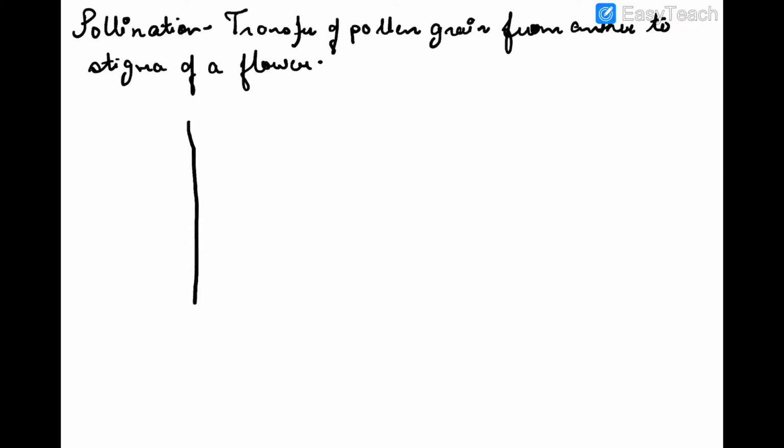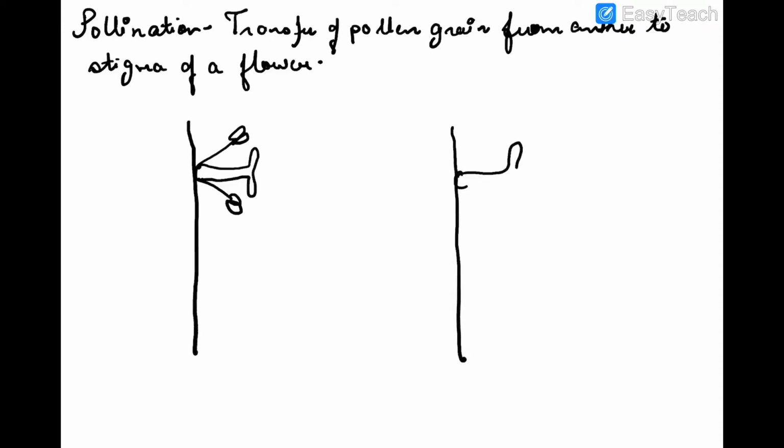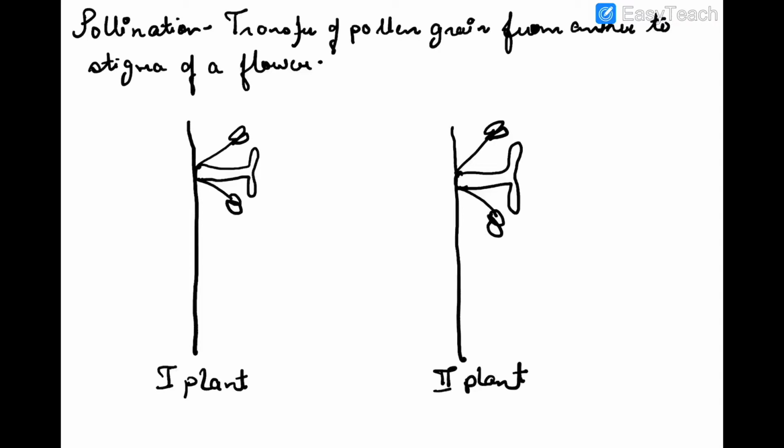Now imagine this is one plant and it has this flower, and this is the other plant and it has this flower. These yellow color are the pollen grains which are present in the anther. This is the anther. This is the stigma.